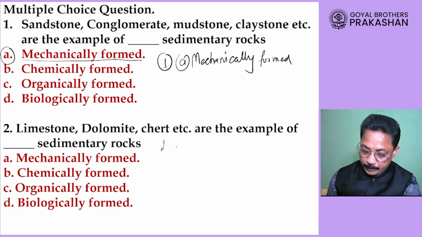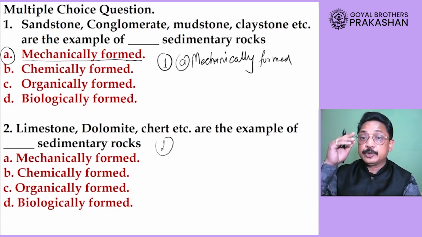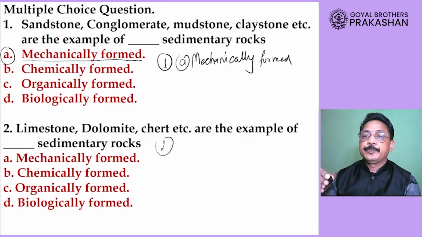Question number 2 now. Here is limestone, dolomite, chert, etc. are examples of dash sedimentary rocks. Which type of sedimentary rocks? Mechanically formed, chemically formed, organically formed, or biologically formed?